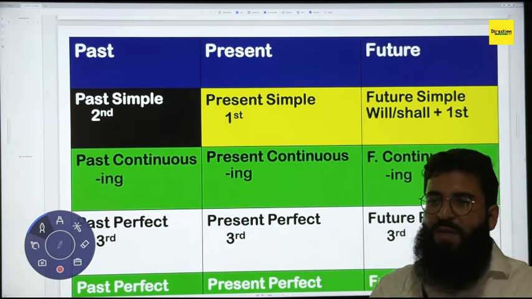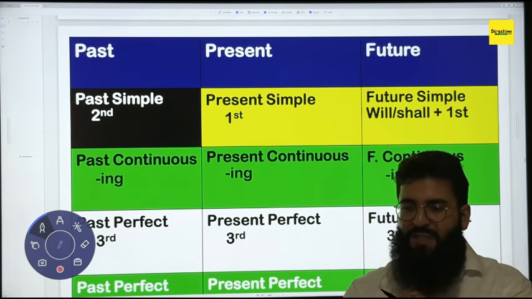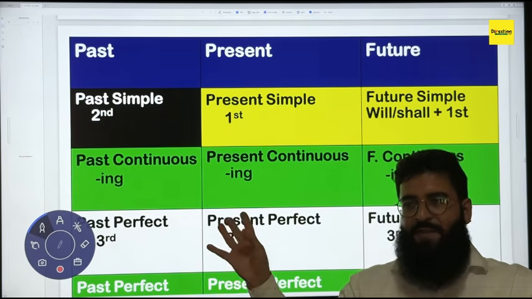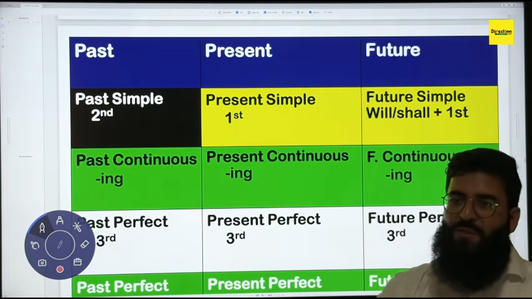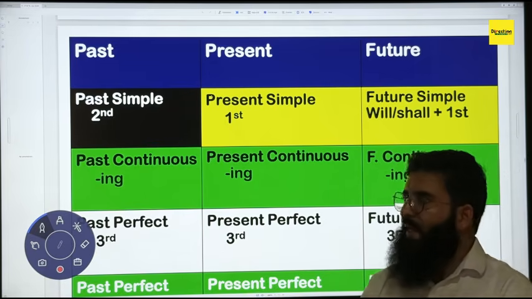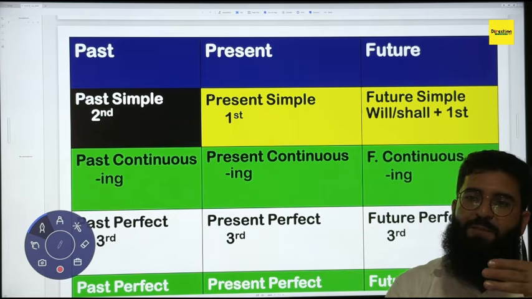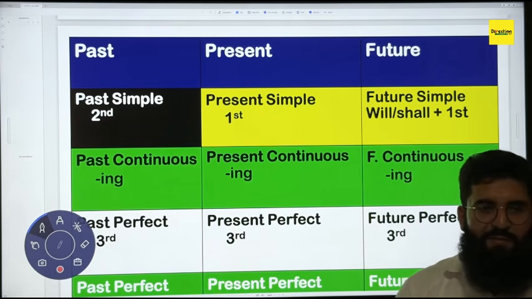Second form is only used in past simple. Now obviously only 2 forms are there, so this third form is used in all perfect tenses, and this ing form is used in all continuous tenses. This is a simple formula. If you listen to this video again and again 3 times, it will be clear to you, because simple I can keep on repeating, nothing new, same.